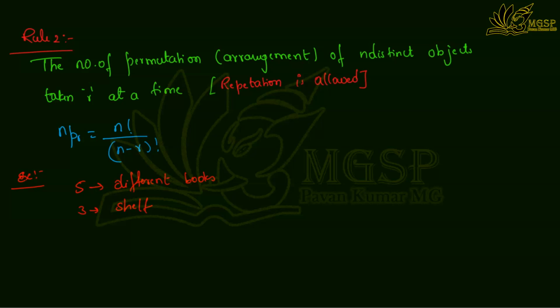Let's consider this 5 as n and this 3 as r. So these are the vacancies allowed, and this is the number of elements. So nPr becomes 5 factorial divided by (5 minus 3) factorial. This becomes 5 factorial by 2 factorial. So what is the answer you get? 60 ways.